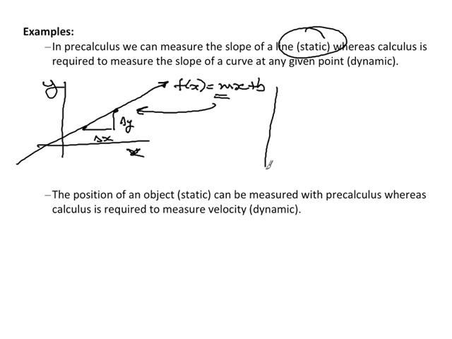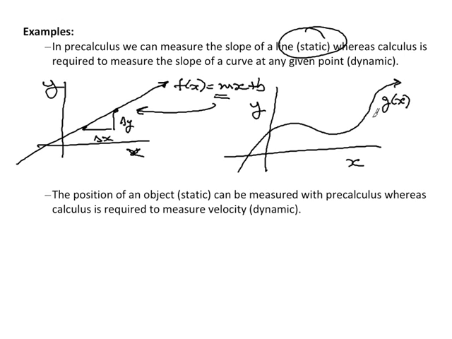Now, on the other hand, let's suppose I have some curve. And let's just call this g of x. Well, what's it mean to have a slope of a curve? Well, at this point right here, I could measure the rate that I am increasing. But over here, the rate's different because I'm actually decreasing.